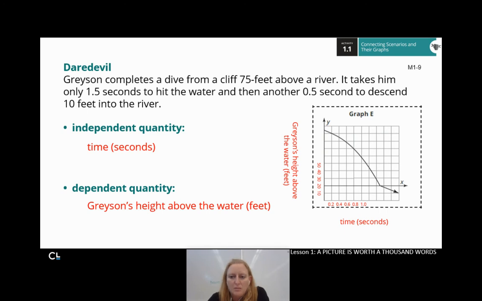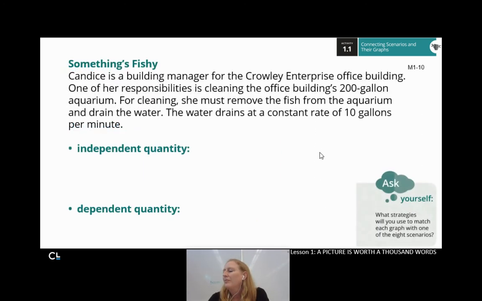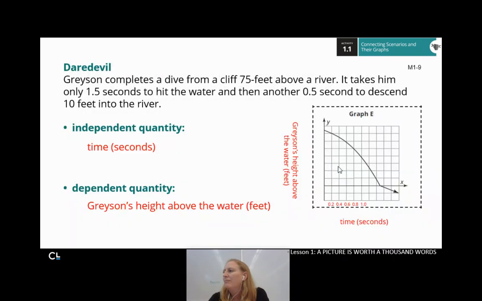I'm going to take this bad boy and I'm going to scoot it up. Maybe. Oh, there we go. Oopsie, just kidding. There you go. So that would be 10 feet, 20 feet, 30 feet, 40 feet, 50 feet, all that good stuff, because that would put him at 75 feet when he jumped off the cliff. Sorry about that. That was a little off, but it was an easy fix. Skills, I have them.